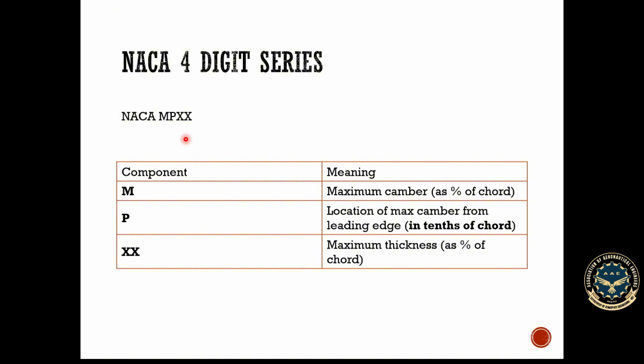You have to multiply P by 10, and that percentage of chord is the location of maximum camber. So if P is 4, then 40% of chord is the location of maximum camber. And XX, both digits combined, in percentage of the chord gives you the maximum thickness. For example, if it is 12, then 12% of the chord is your maximum thickness.